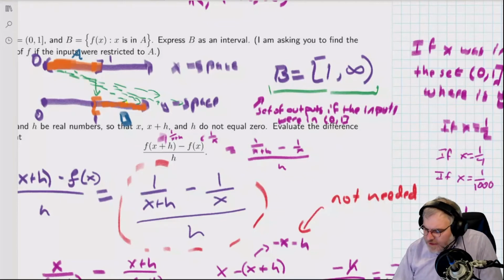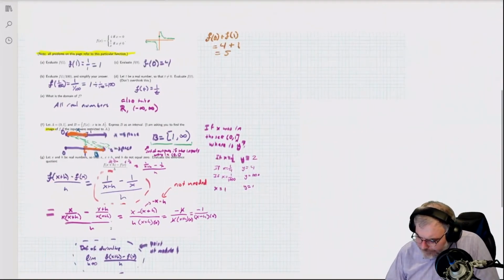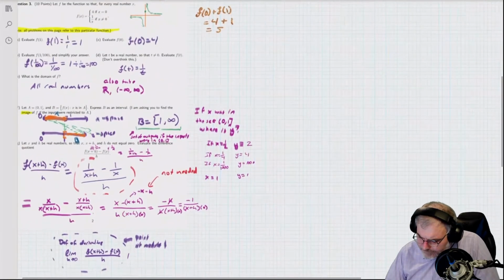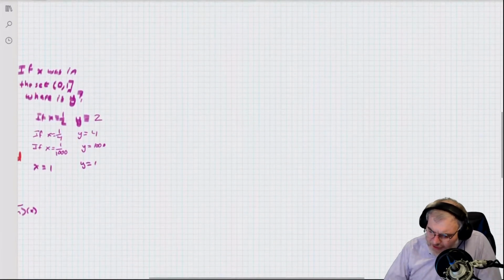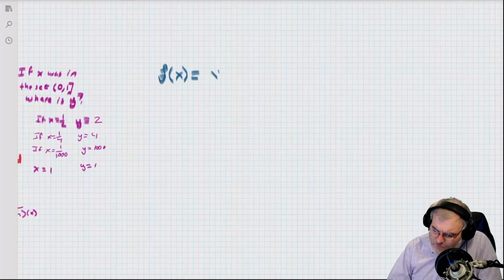All right, so the question is, can I do another example? Yeah, let's look at another example here. Let's say f of x equals x squared, A equals 1 to 2. What is f of A?